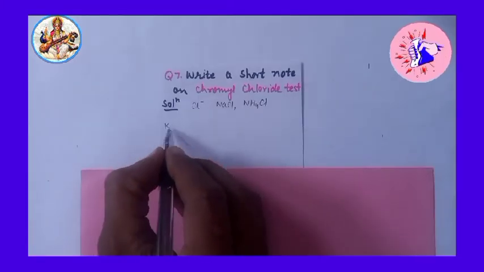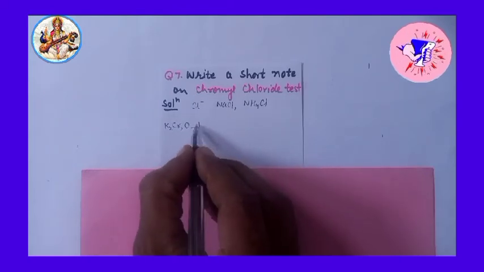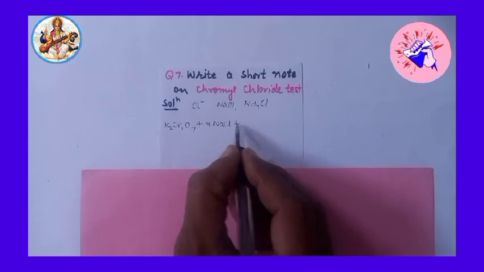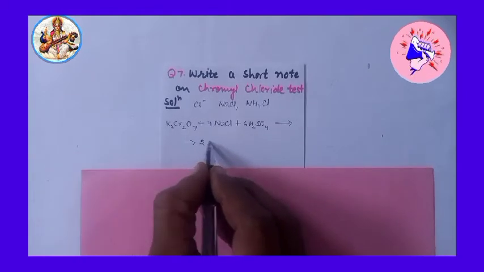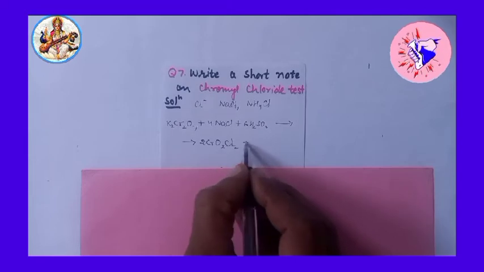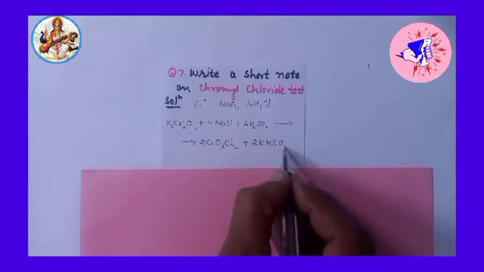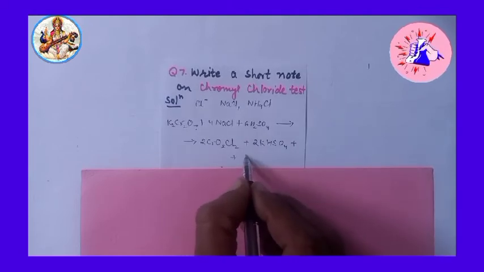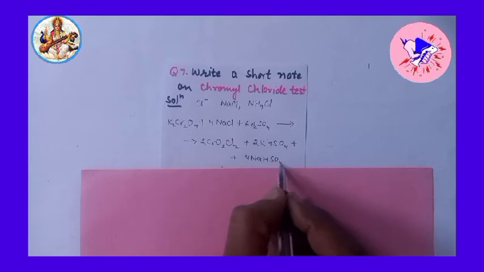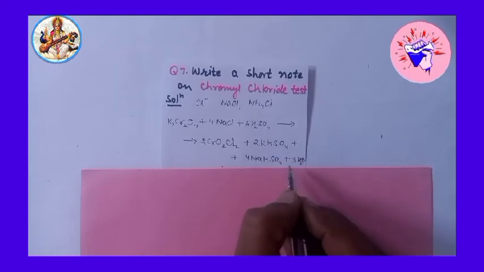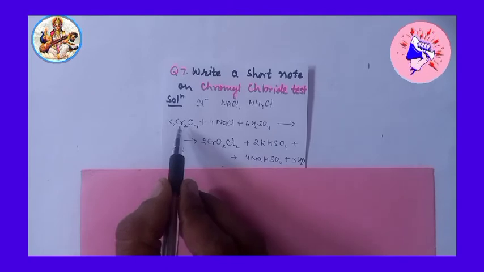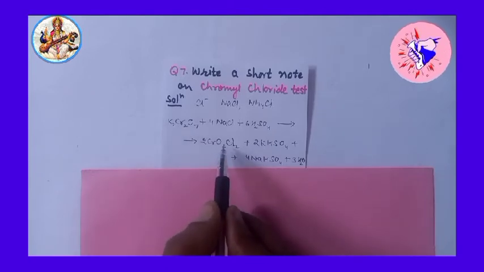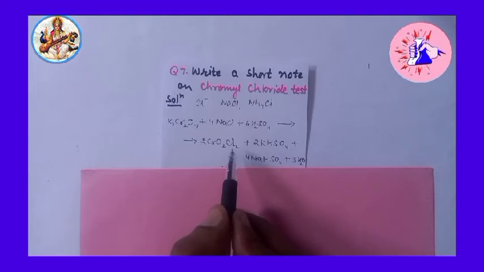For example, NaCl treated with acidified potassium dichromate, then orange-red fumes of chromyl chloride are obtained.